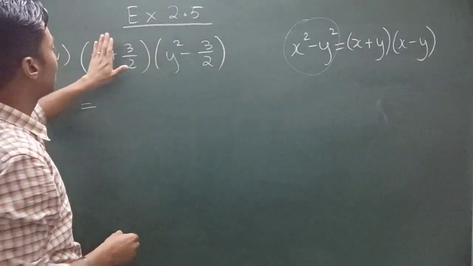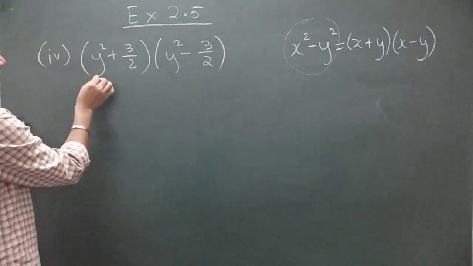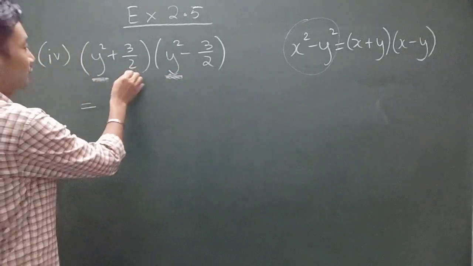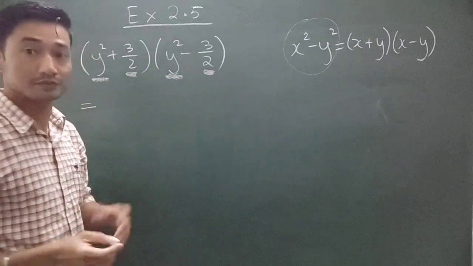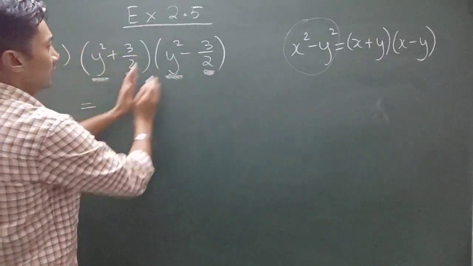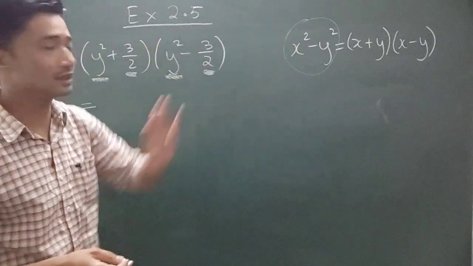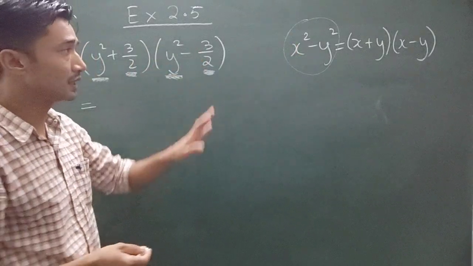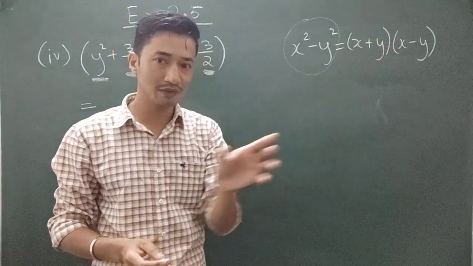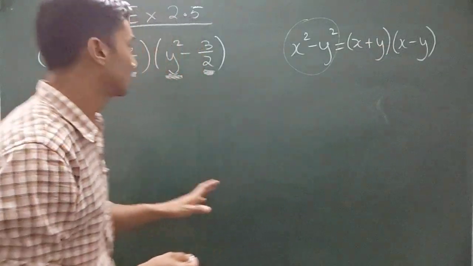Every term is same: y square, y square, and 3 by 2, 3 by 2. So you see, a plus b, a minus b, isn't it the same? What the value of x, y is, is not our concern, as long as it fits in the model, that's enough.